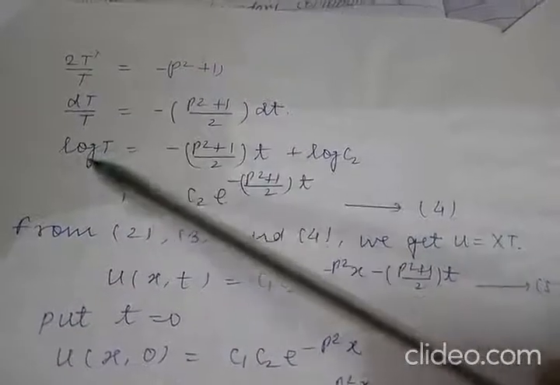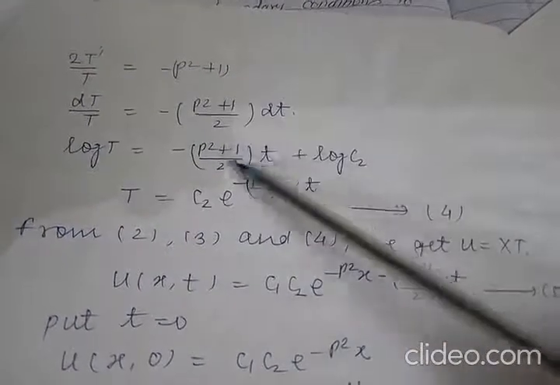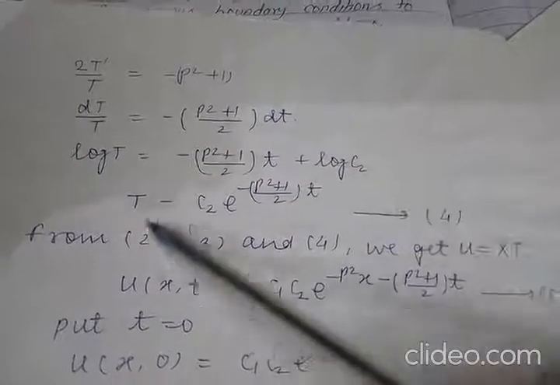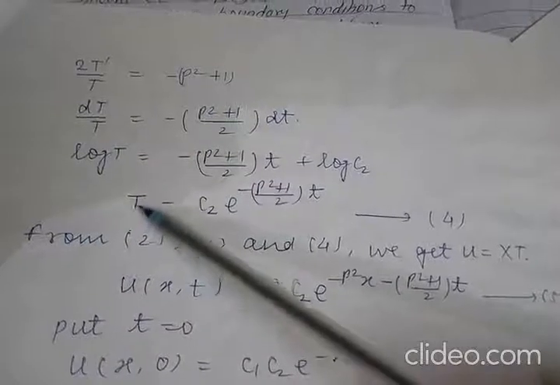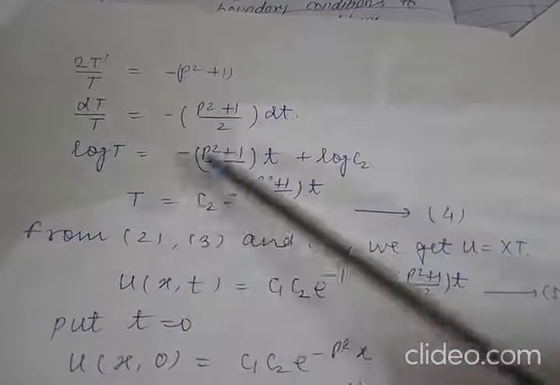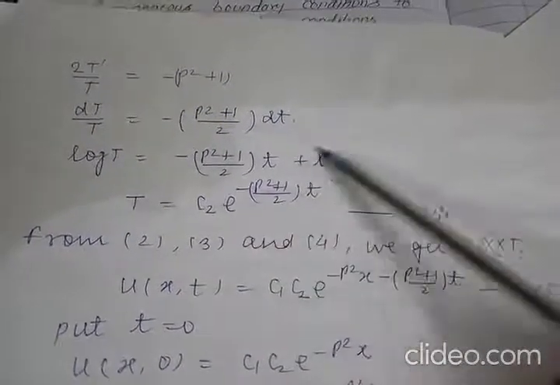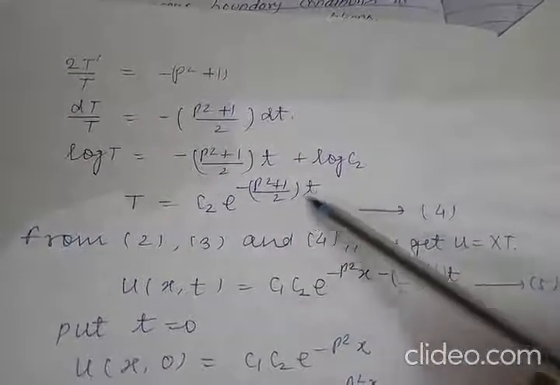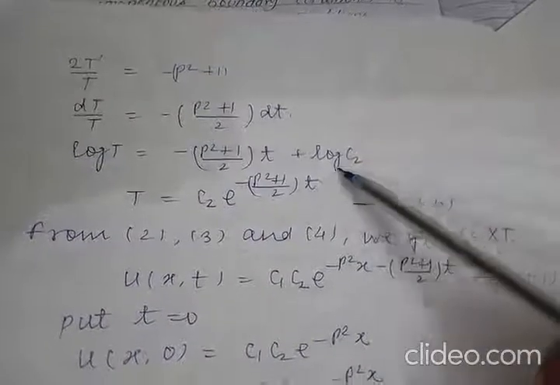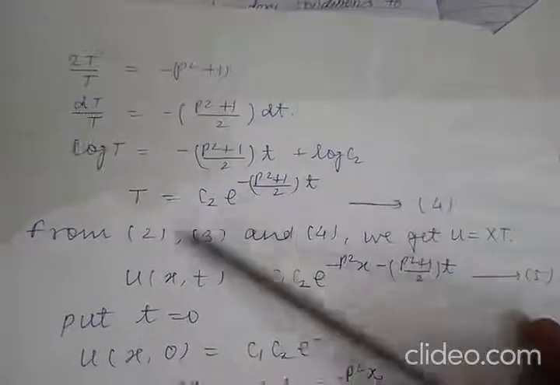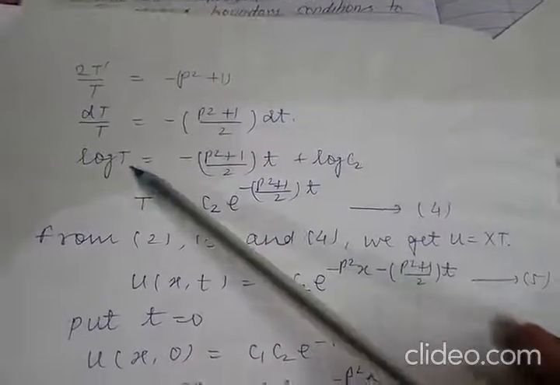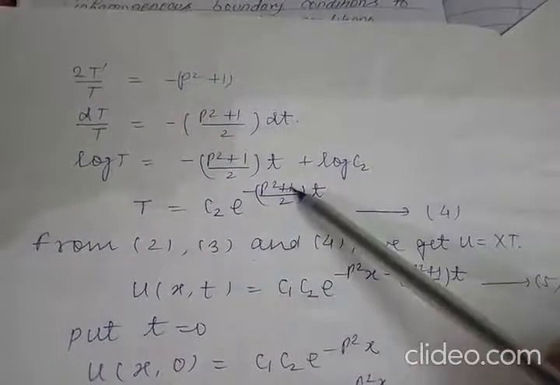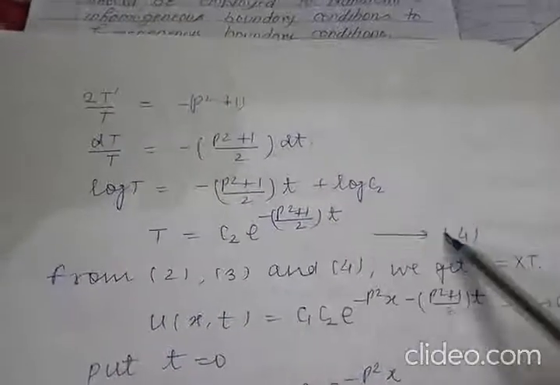This will be equivalent to log t is equal to the integral of dt plus log c2. From here we will obtain the solution capital T is equal to c2 e to power minus p square plus 1 by 2 t, and then log c2 will go in the minus form, so T is equal to c2 times this. This will be equation 4.